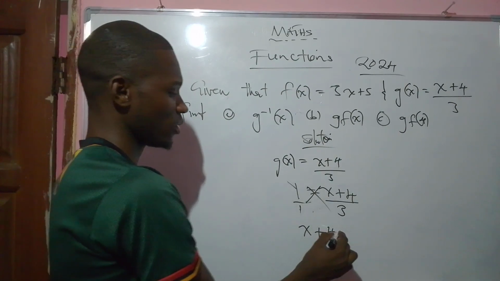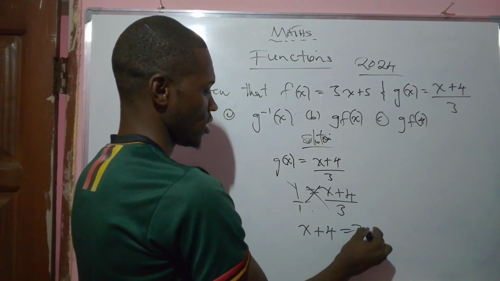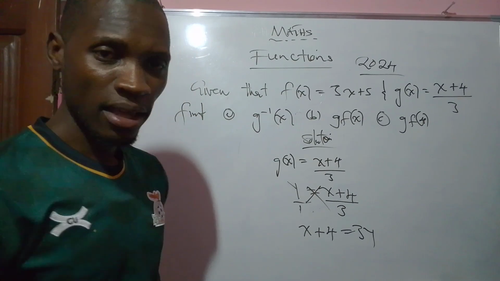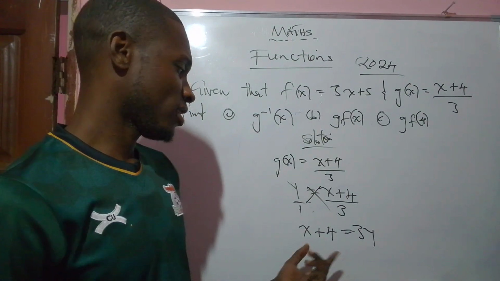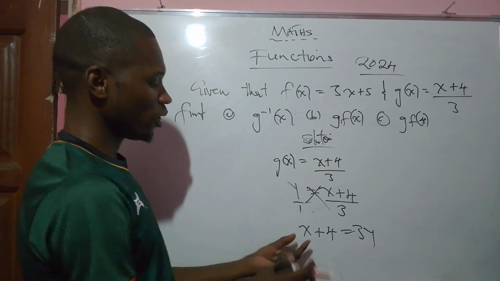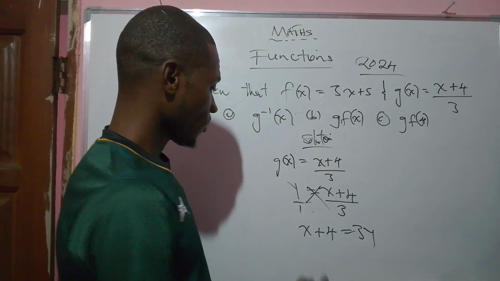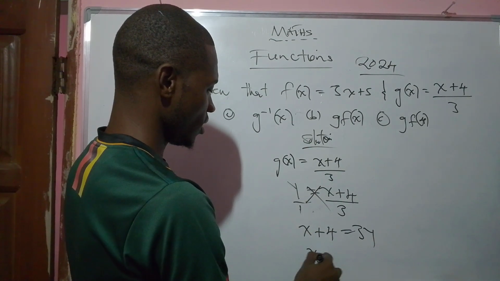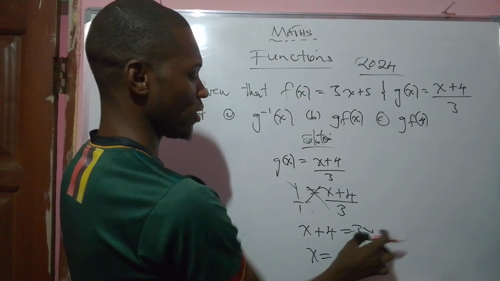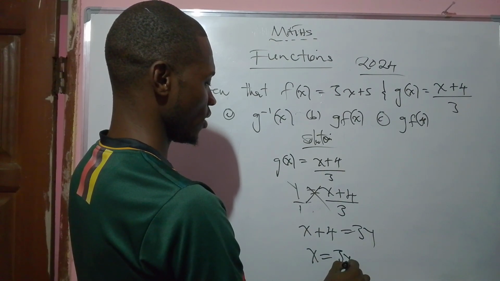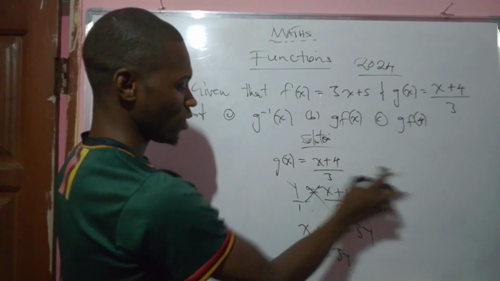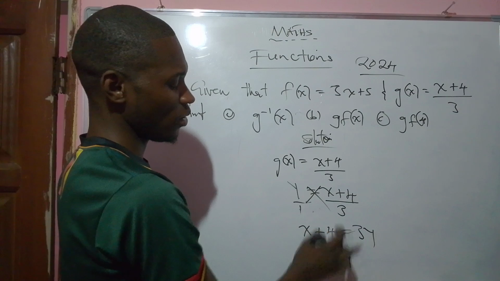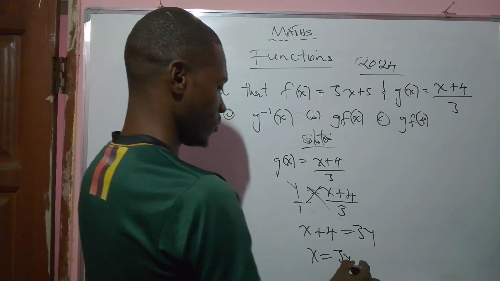Then 3 times y, you're going to say 3y. That is the stage. The next stage now is to ensure that we remain with x. So x is equal to, now you drop down this, 3y. This is positive 4. When it comes on the opposite side of the equal sign, it will become negative.